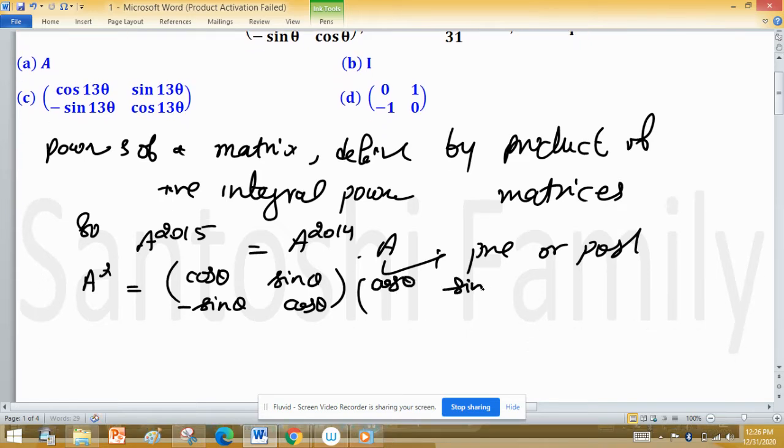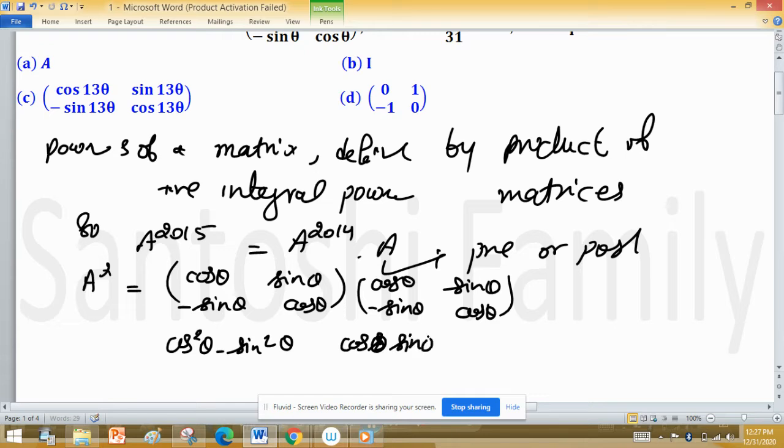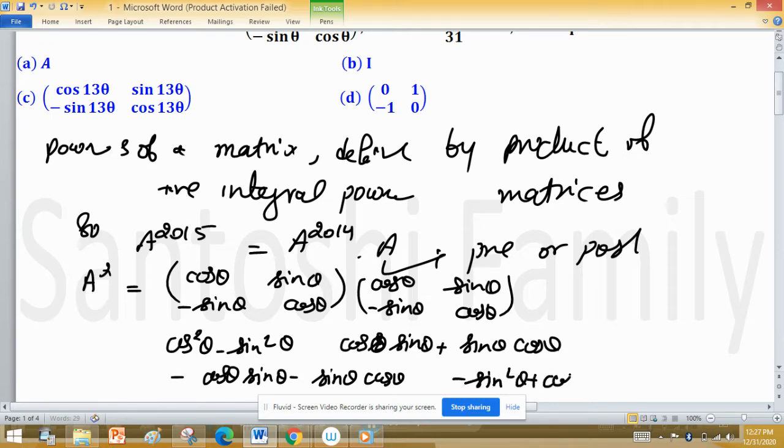The first row and first column entry will be cos square theta minus sin square theta, the second entry will be cos theta sin theta plus sin theta cos theta, and the last will be minus sin square theta plus cos square theta.